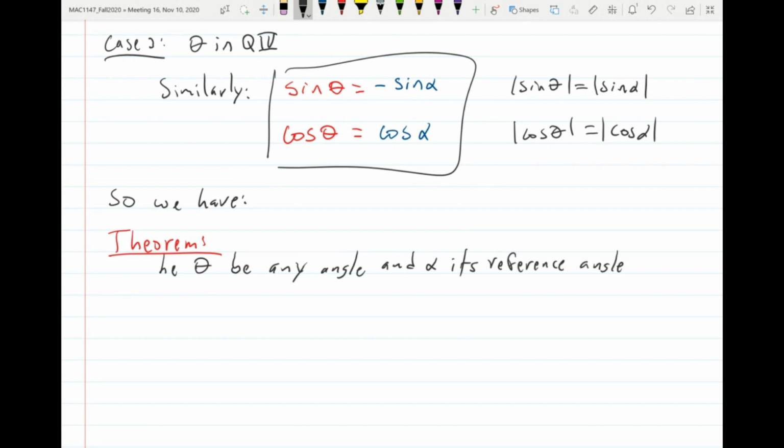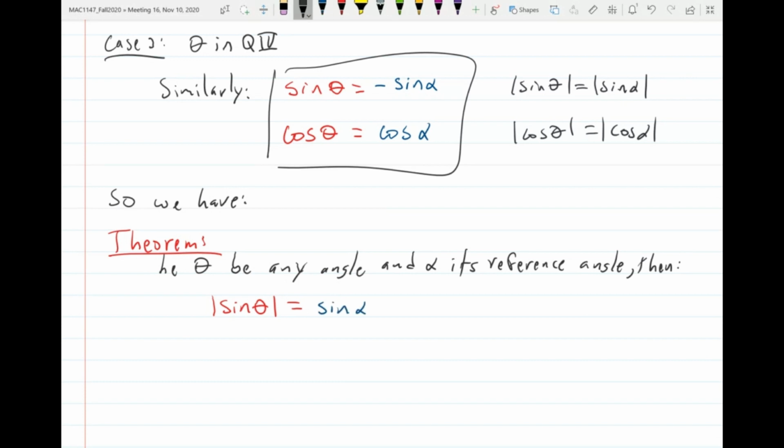Then what we just discussed was that the absolute value of the sine of theta will always give you the same thing as the absolute value of the sine of alpha. But actually, sine of alpha is always positive, so let me ignore the absolute value here.